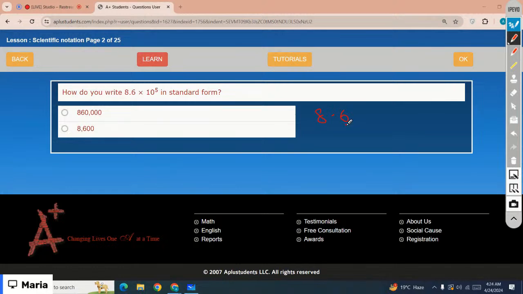You have only one place. 2, 3, 4, 5. You have to move the decimal point 1, 2, 3, 4, and 5. It would be 860000. Got it? The correct option is option number 1. Got it?